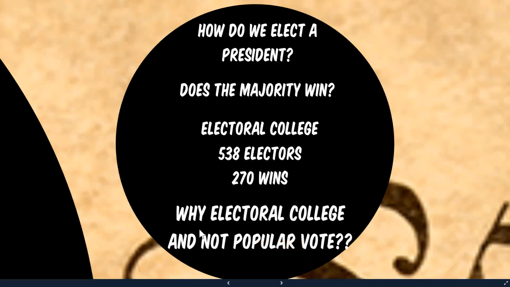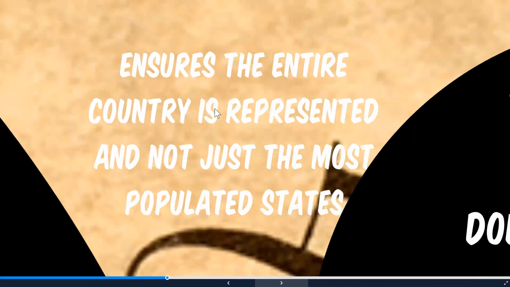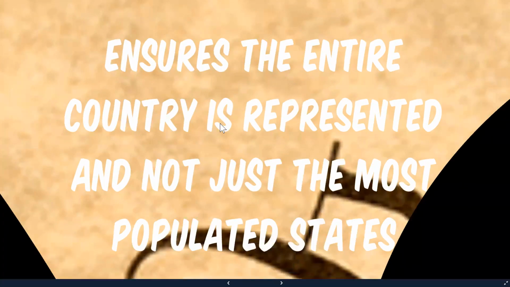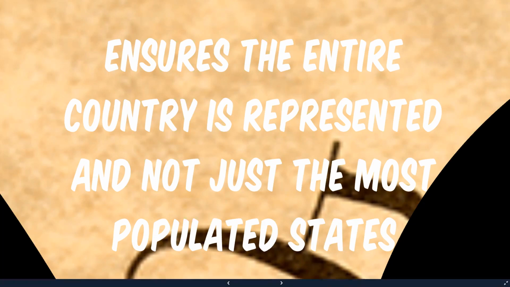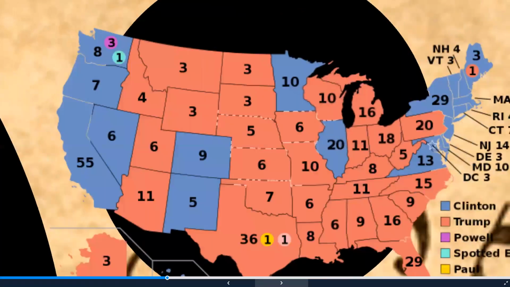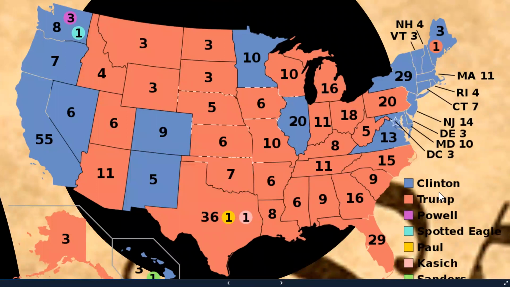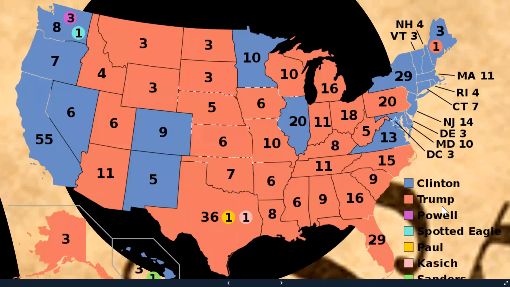So why do we have this electoral college system and not a popular vote? And the reason is it ensures the entire country is represented, and not just the most populated states. So let's look at a graphic, and this will help explain it, at least demonstrate it to you. This was the Trump and Hillary Clinton election. This is the one where Trump won.